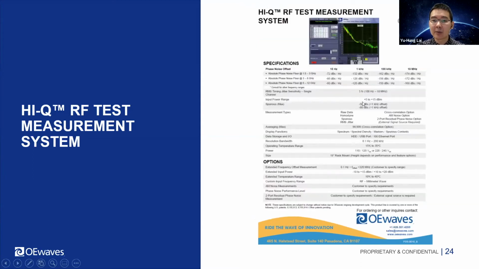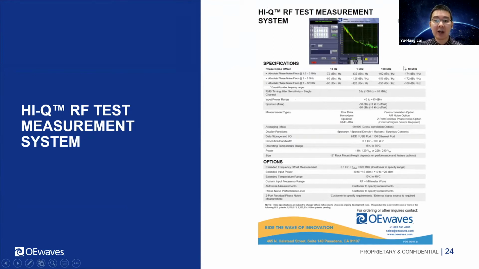Furthermore, I want to mention that we can measure, for example, the absolute phase noise floor at 1.5 to 3 gigahertz, achieving phase noise below minus 174 dBc per hertz. And if we want to measure around 6 to 12 GHz, we can achieve minus 168 dBc per hertz of sensitivity.